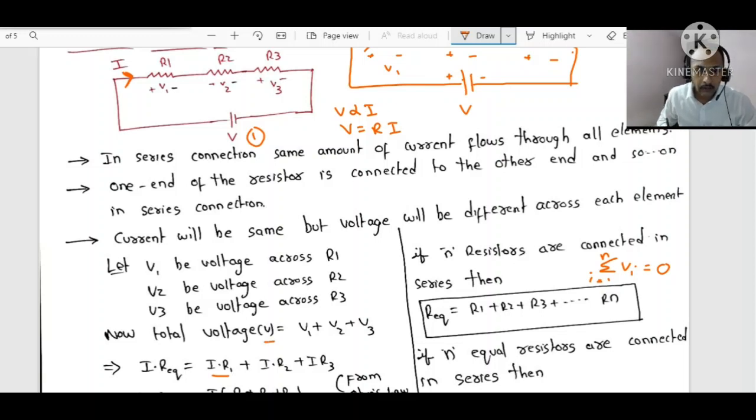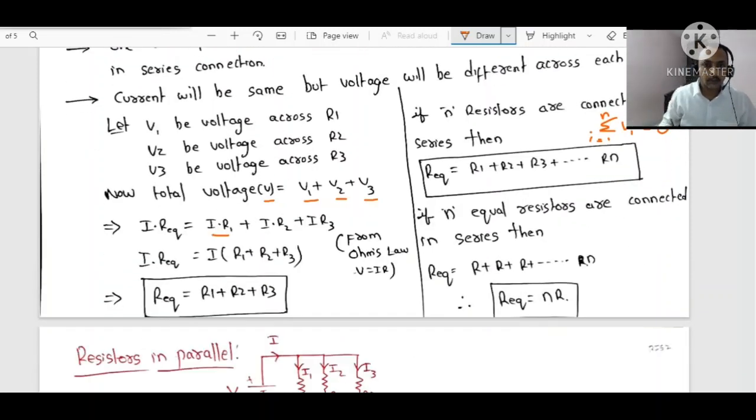The total voltage V equals V1 plus V2 plus V3. Just substitute in place of V, I into R equivalent from Ohm's law. That is also equal to I into R1 plus I into R2 plus I into R3. Take I common. Then R equivalent is equal to R1 plus R2 plus R3.